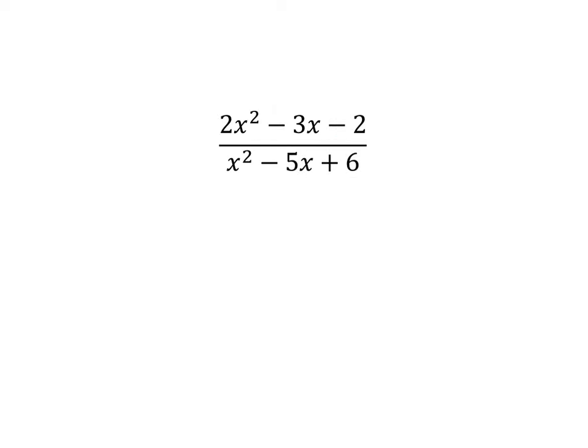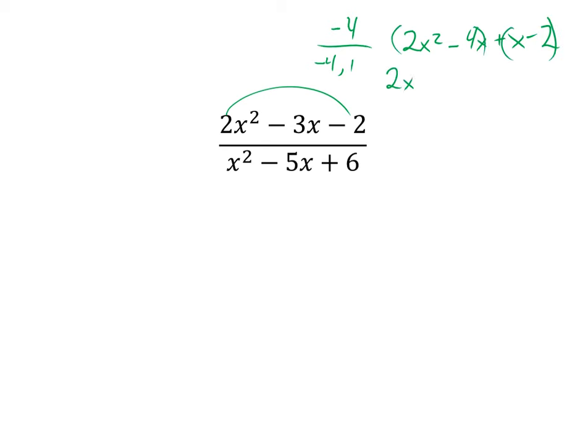All right, so now let's look at this one. So we're going to want to factor the top part. Two numbers multiplied together get you 2 times negative 2, which is negative 4, and added together get you a negative 3, which would be negative 4 and 1. So when we factor, we get 2x squared minus 4x plus x minus 2. Group the first two, group the last two.